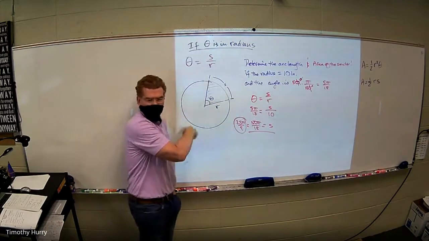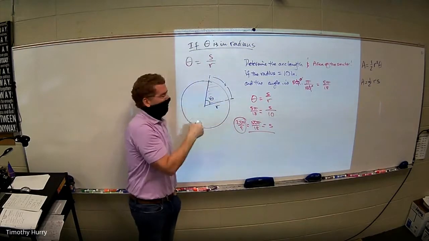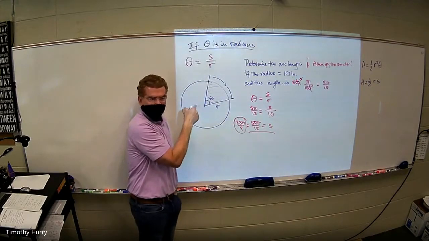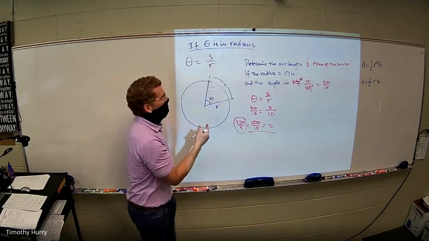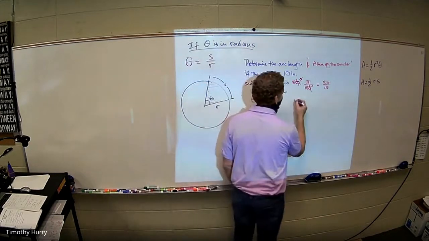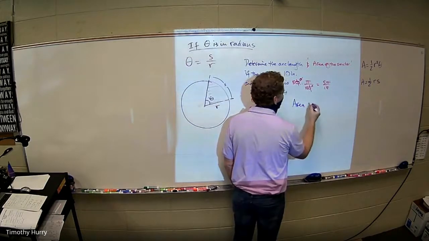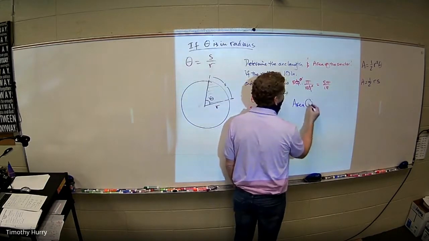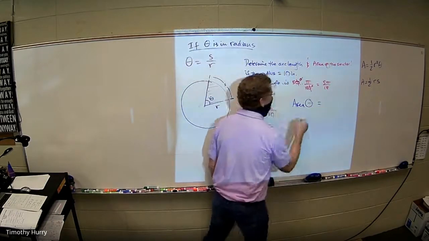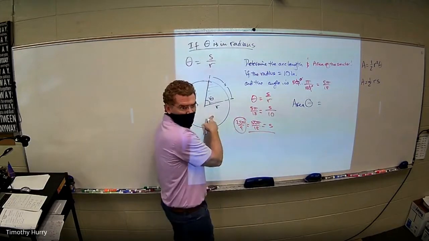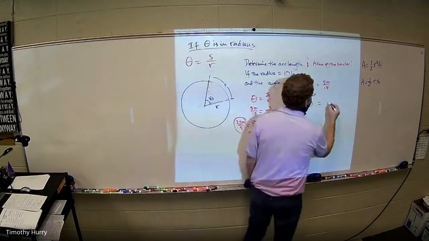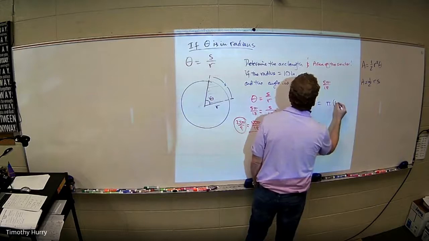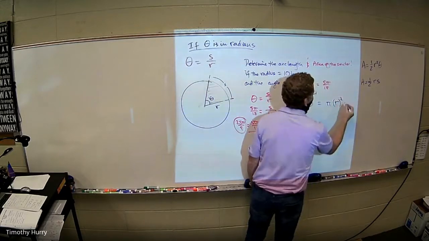And the whole thing has what degrees? So couldn't I just find the area of the entire circle, that whole thing right there? If I found the area, it would just be pi r squared, right? So I would have pi times the radius, which would be r squared.